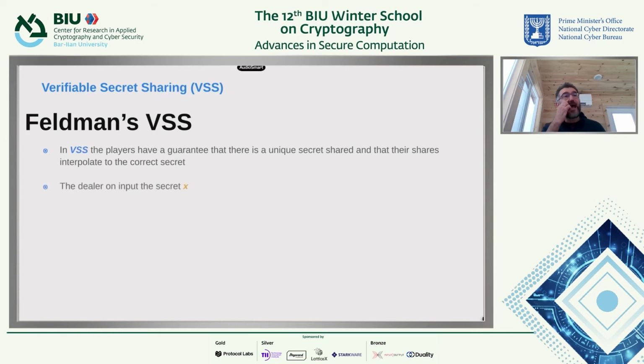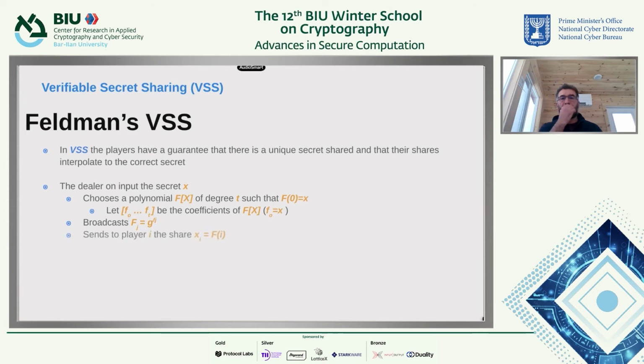But Feldman VSS actually prevents that and does it as follows. On input a secret X, the dealer chooses a polynomial, as usual, basically does Shamir, right? It does Shamir, but it also broadcasts publicly the values of public commitments to the coefficients of the polynomial.